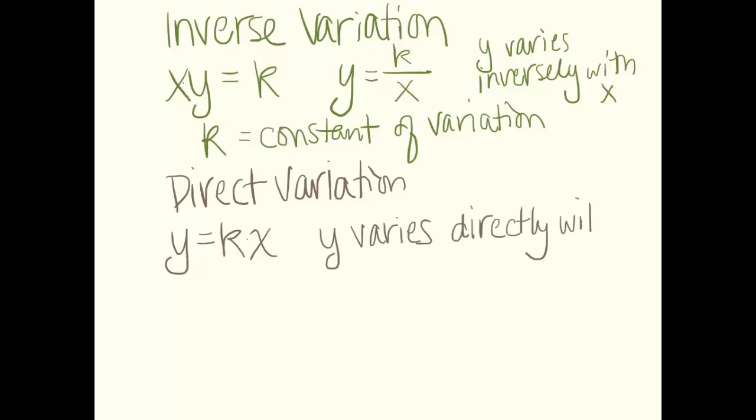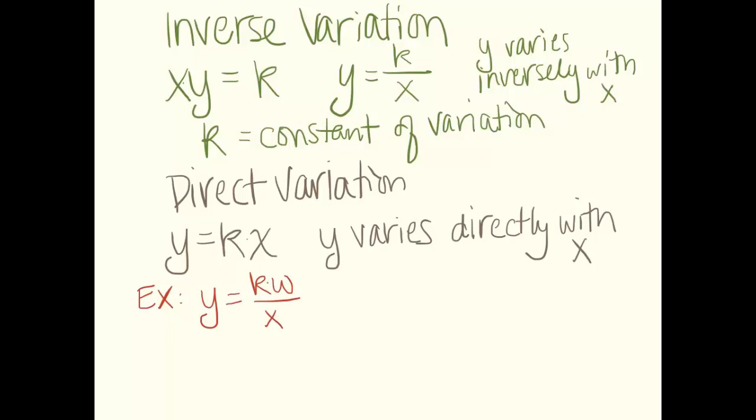Is it possible for a variable to vary directly with one variable and at the same time inversely with another? Of course. How about this one? Y equals K times W over X. Sure, there's 3 variables in our equation, but that's okay.